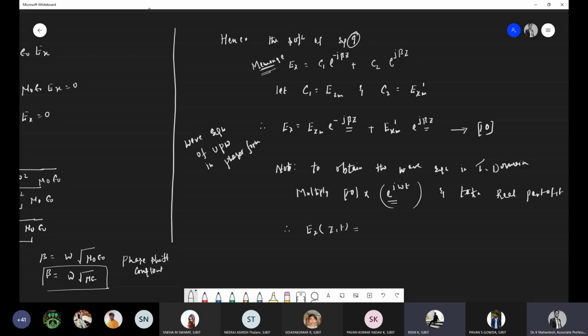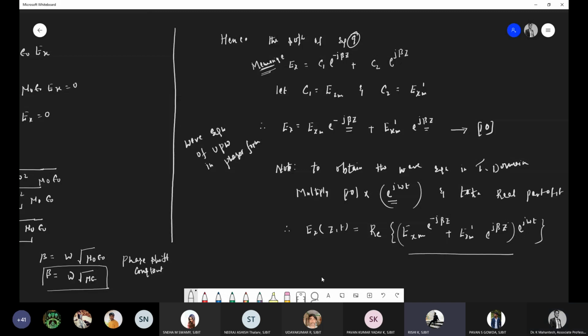So Ex of z comma t will be equal to the real part of Exm e power minus j beta z plus Exm dash e power j beta z. Now you multiply this with e power j omega t and take the real part of this.